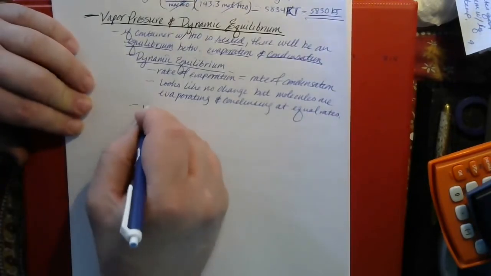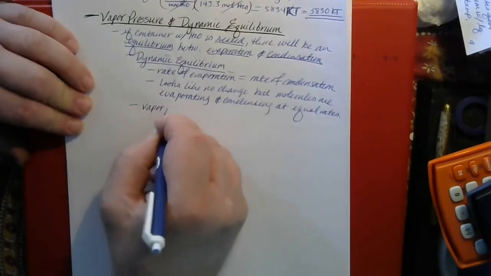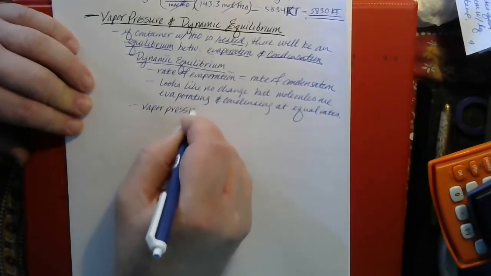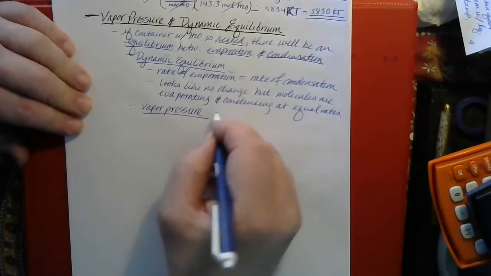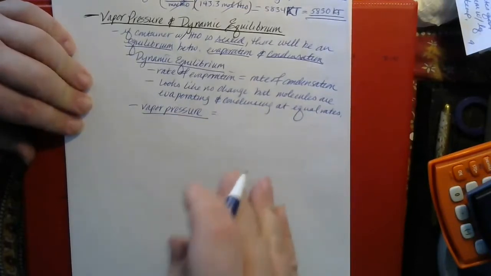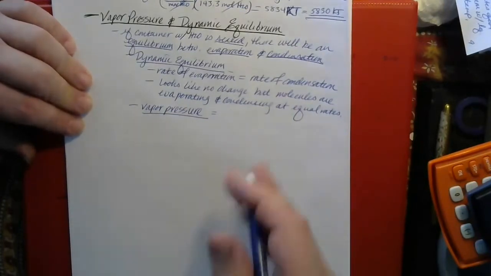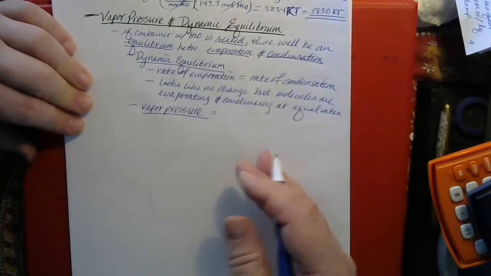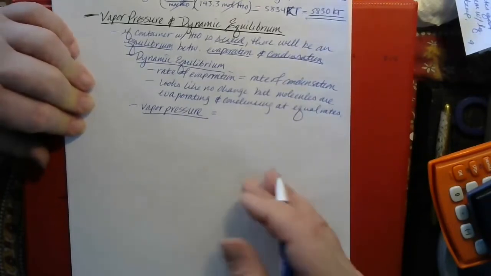The vapor pressure is basically the pressure of a gas that's in equilibrium with the liquid version of the same substance.